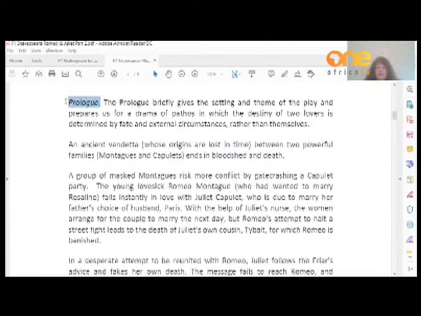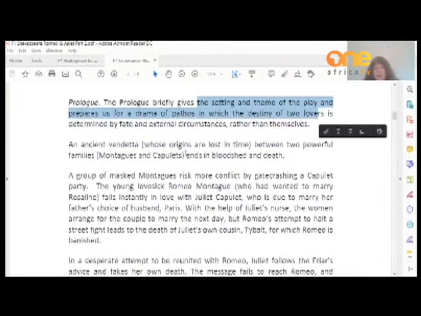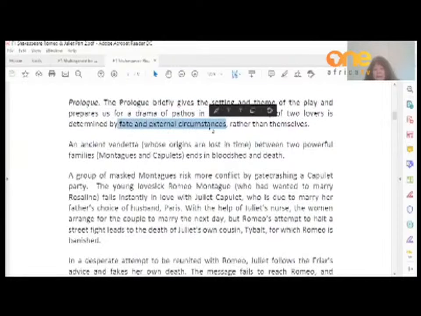First of all, you get something called a prologue, and this gives the setting and theme of the play and prepares us for the drama in which the destiny of 2 lovers is determined by fate and external circumstances. They can't control their own lives. It's going to be controlled by external circumstances.